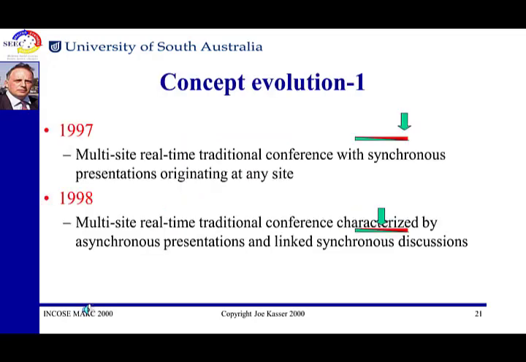In 1997, the idea was for a multi-site real-time traditional conference with synchronous presentations originating at any site. By 1998, it had evolved into a multi-site traditional conference, but with asynchronous presentations and linked synchronous discussions. Notice the difference. The presentations are asynchronous in 1998.